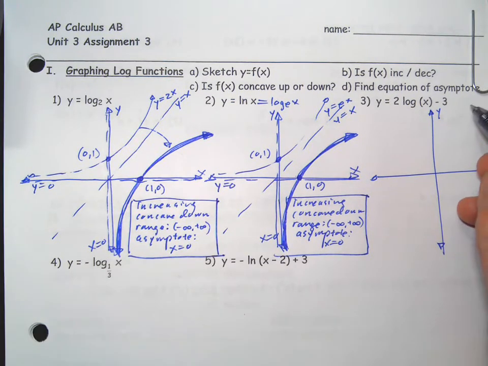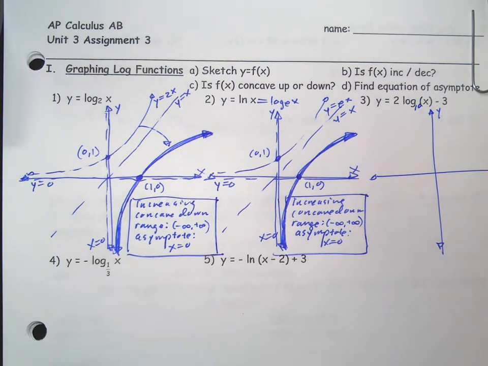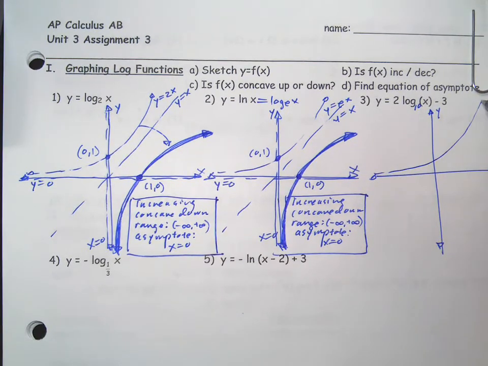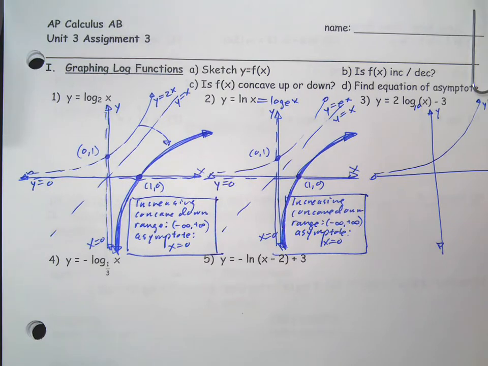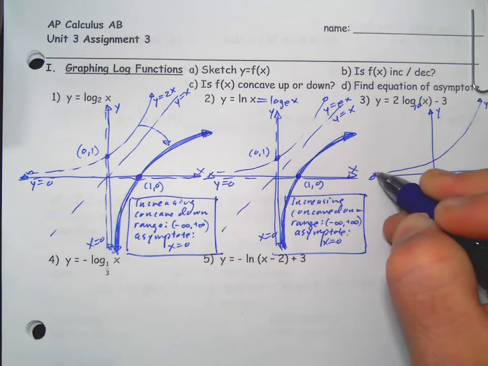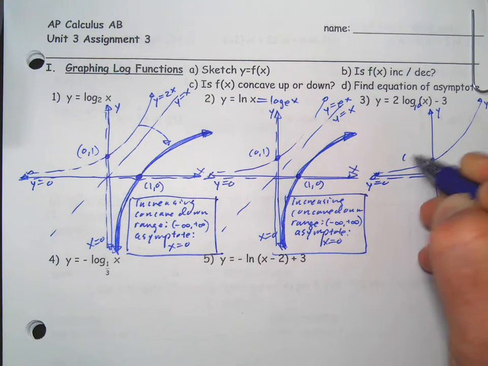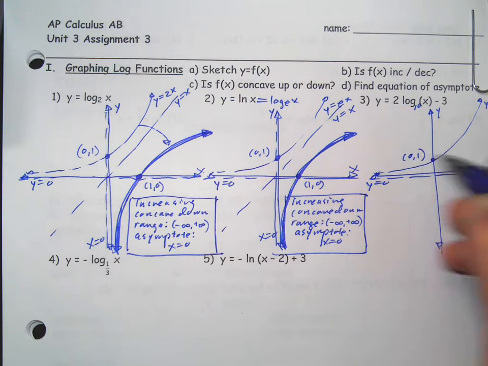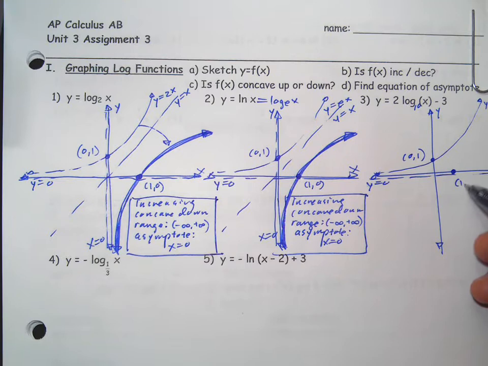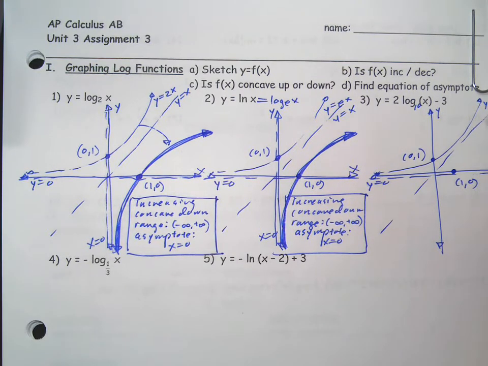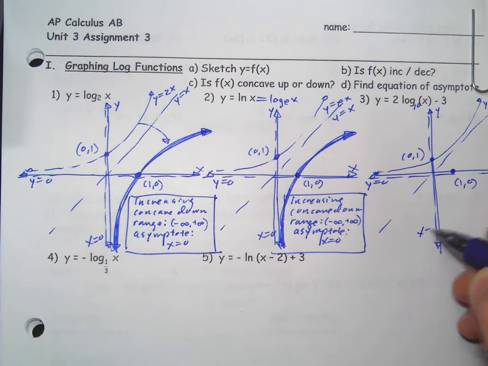Let's see. So this is log base 10, it's common log. So we're going to start with y equals 10 to the x, exponential. Horizontal asymptote, y equals 0, goes through 0, 1. Now we're going to flip it across y equals x. Get a vertical asymptote instead.